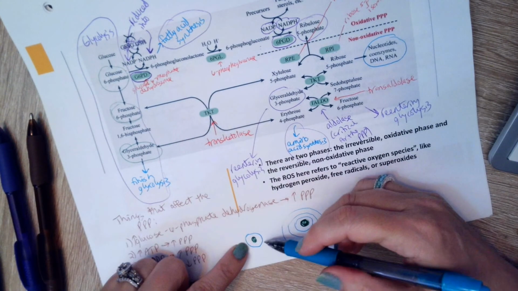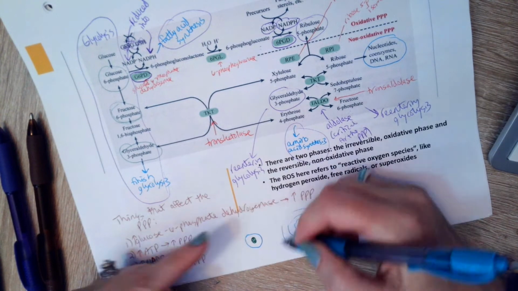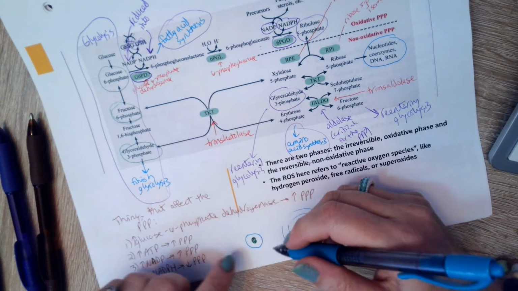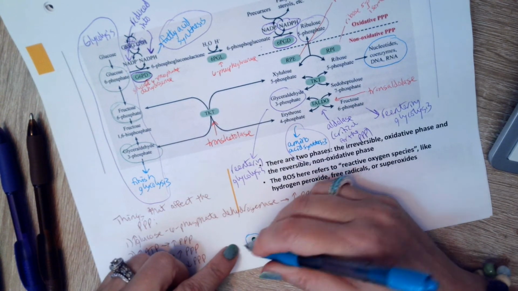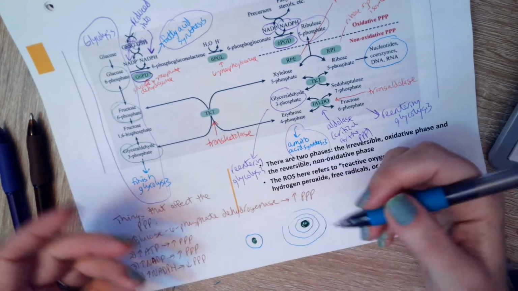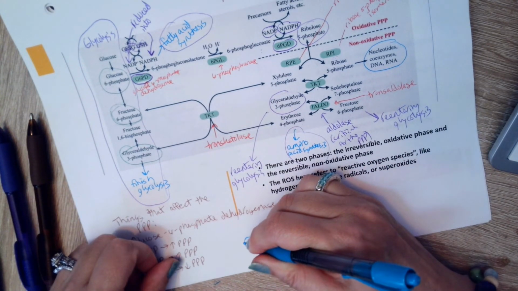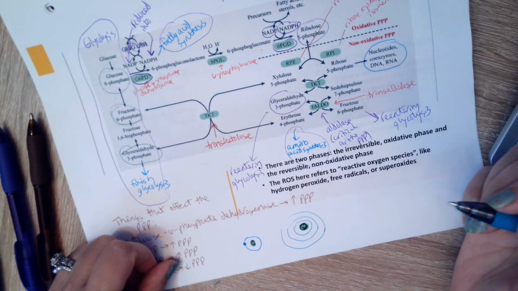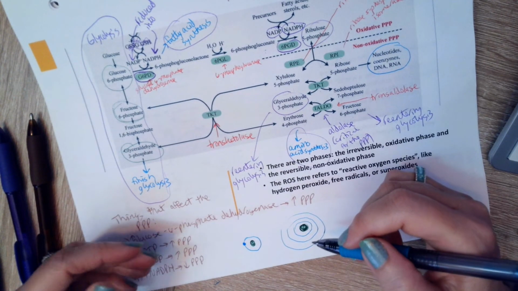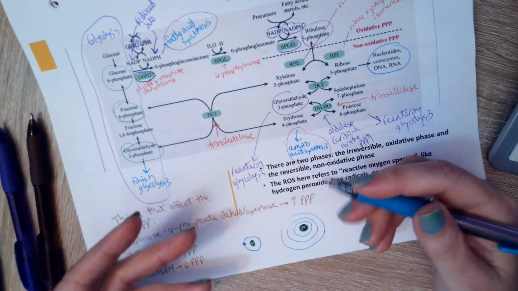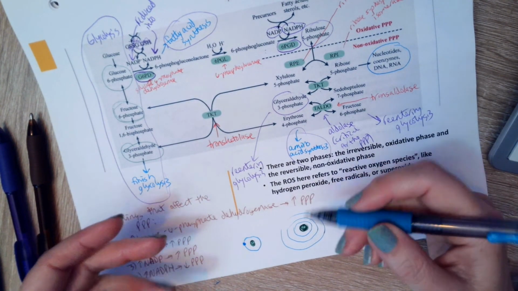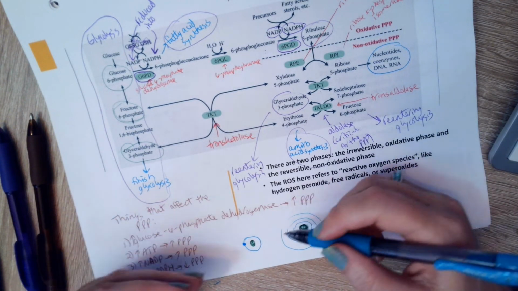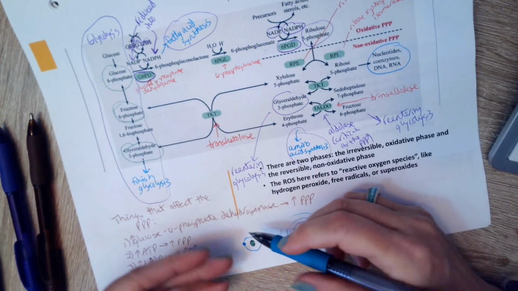But this inner electron shell, where the electrons are kind of orbiting around the nucleus of the atom, could hold 2 electrons. In a reactive oxygen species, it just has 1 electron. And this makes it really reactive. It is driven to bind to something else to balance out its electron status.